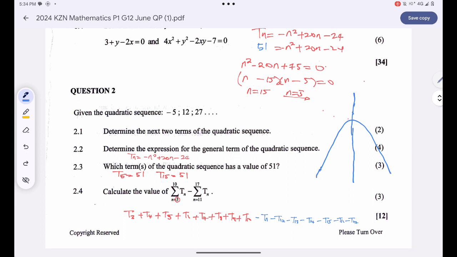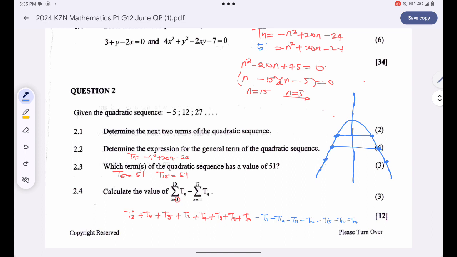And I know that the y value over there is the same as the y value over here. Why? Because they are symmetrical to the turning point, right? The y value over there will be equal to the y value over there, even though I have two different x values.